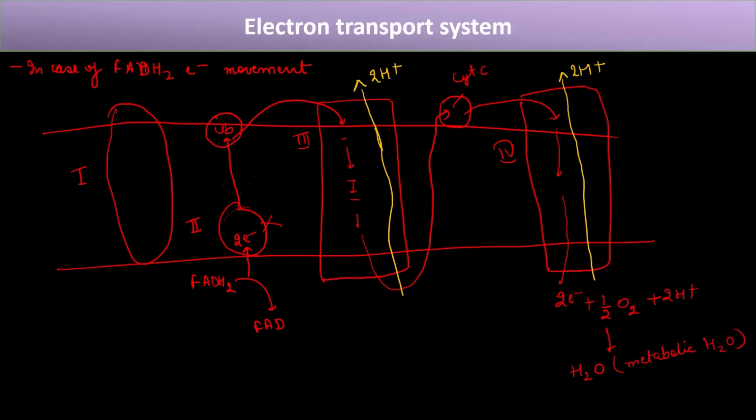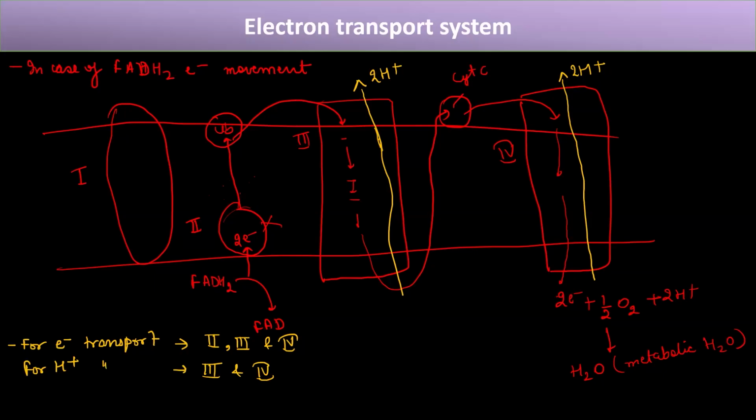So what we are seeing here is, first of all, for electron transport, what complexes are involved? Complex second, complex third, and complex fourth. But for hydrogen ion transport, what complexes are involved? Complex third and complex fourth.